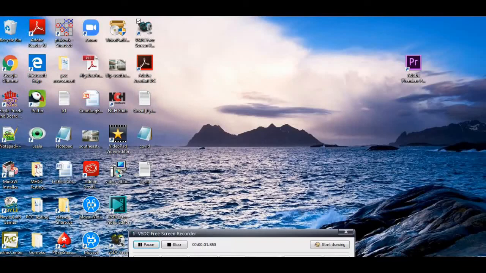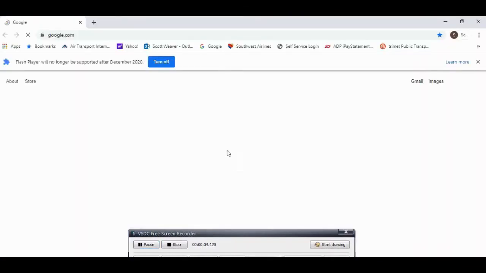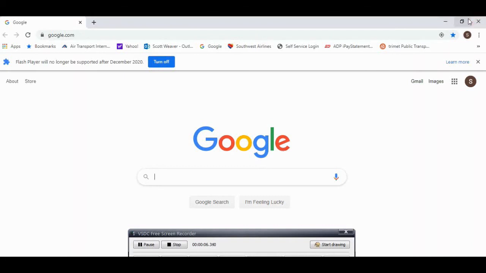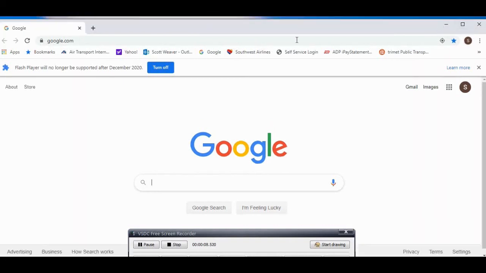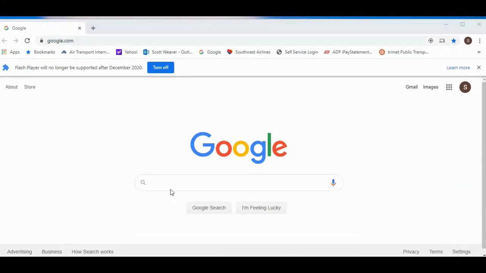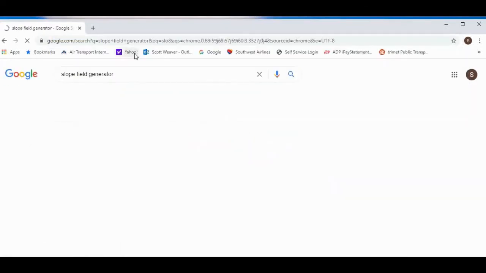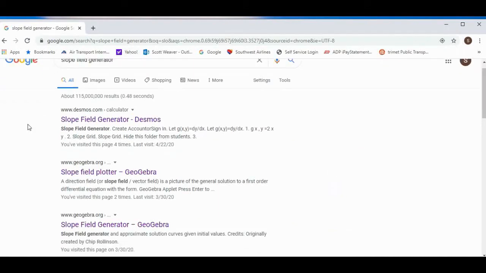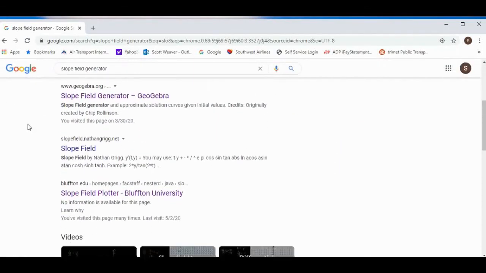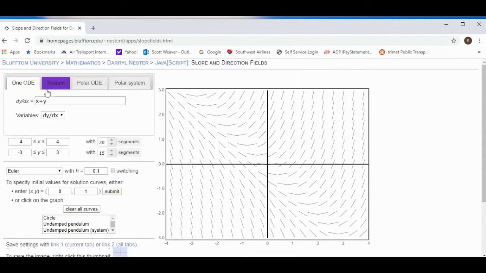So now let's get a view of some of the scenarios that can happen with these various things, and we'll use our favorite little Bluffton applet for all the graphing. You just type something like slope field generator, and especially if you've done it before on this computer, it comes up pretty fast, and you scroll down until you find the one from Bluffton. Here you can have a system.